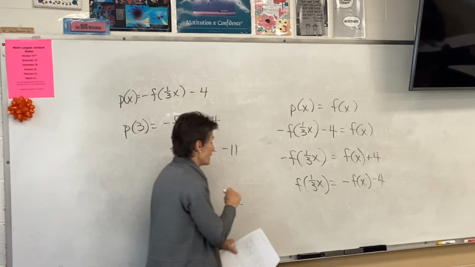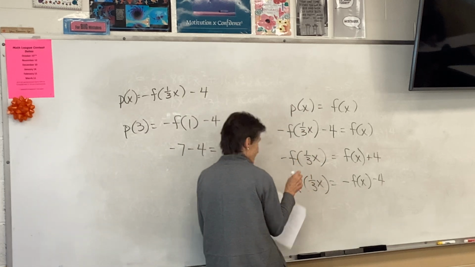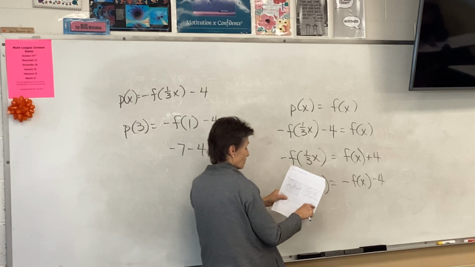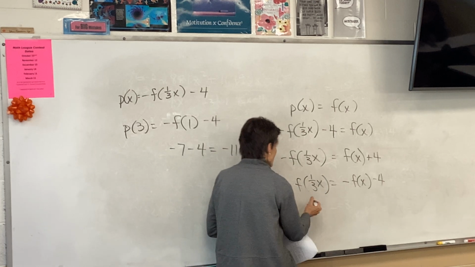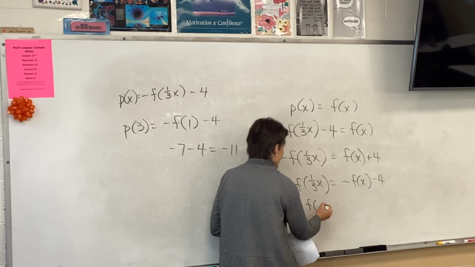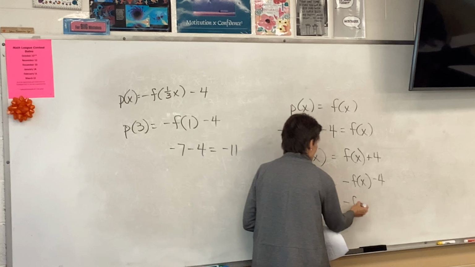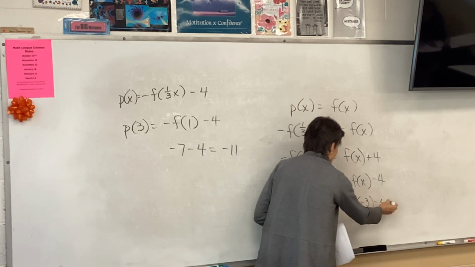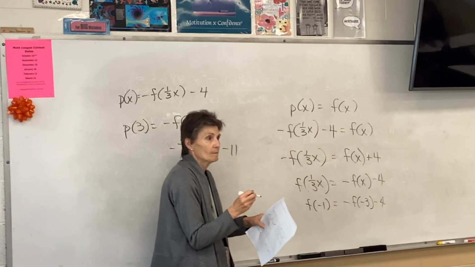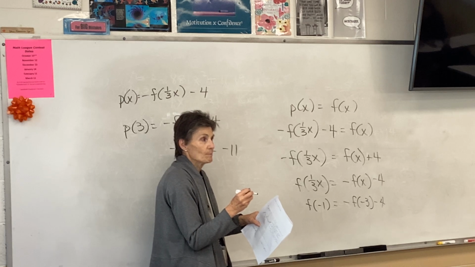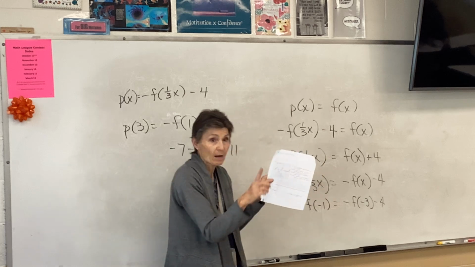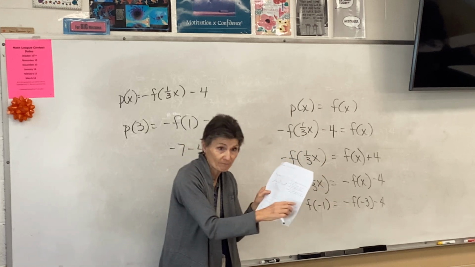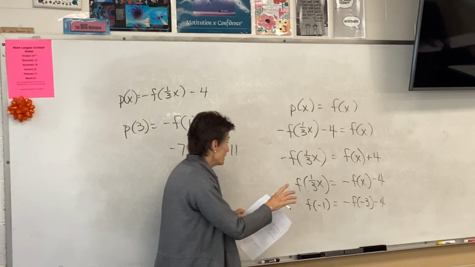For example, I'm looking at my list of possible x's. If x is -3, then this would say that F of -1 is the same as negative F of -3 minus 4. You see what I'm doing? I'm going to check which numbers in my chart, which is how F is defined, these are my F values. Is that true?